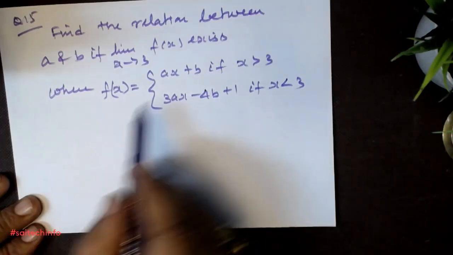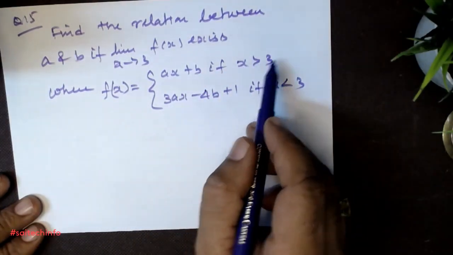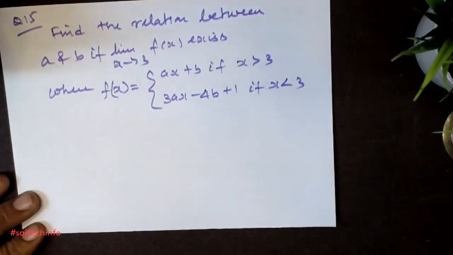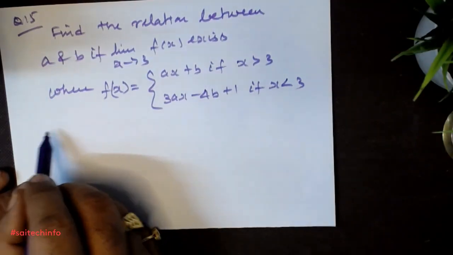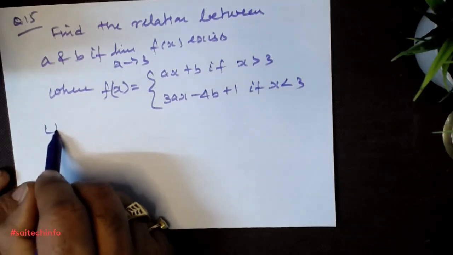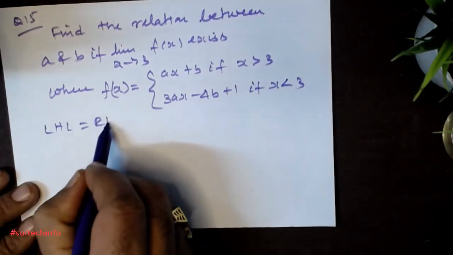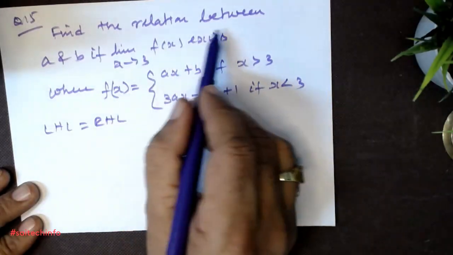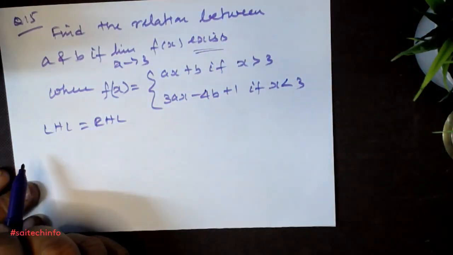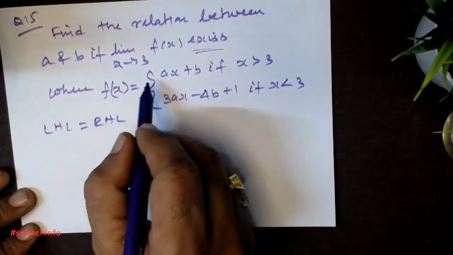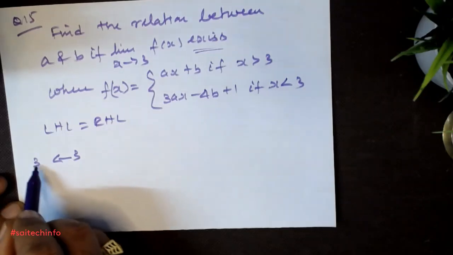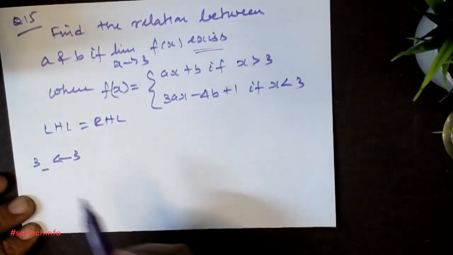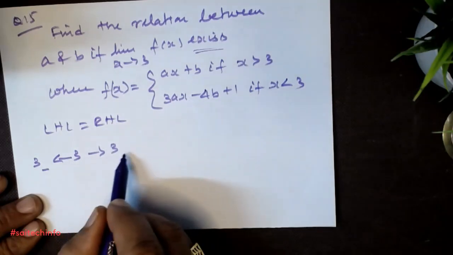Now let us consider the first one. It is above 3 means 3 plus, is it not? Actually, we can apply the left hand limit is equal to right hand limit because it said that f of x exists. So in that case, let us consider 3 is the value. On the left hand side you have 3 minus, and on the right hand side you have 3 plus.